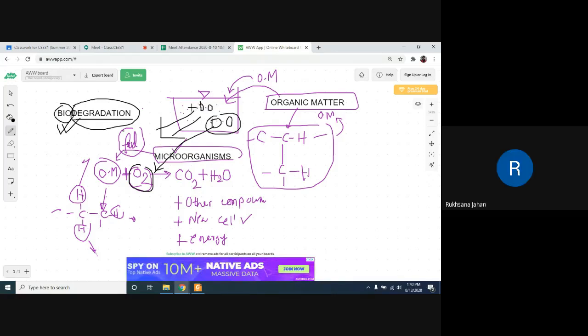Yes, sir. That means in this process, as you go from left to right, the DO of water increases or decreases? You are using it, so you are decreasing or increasing it.